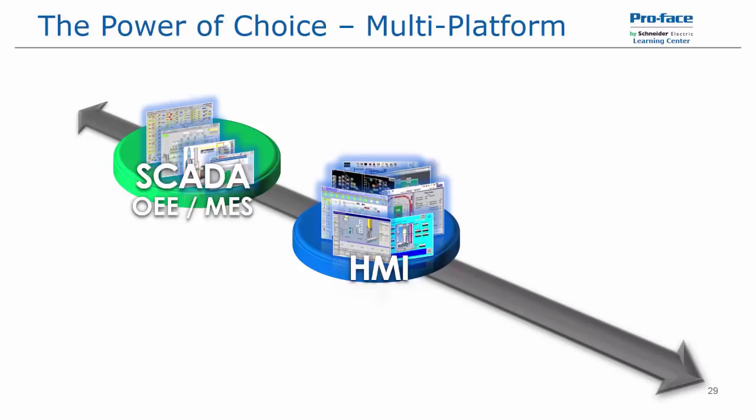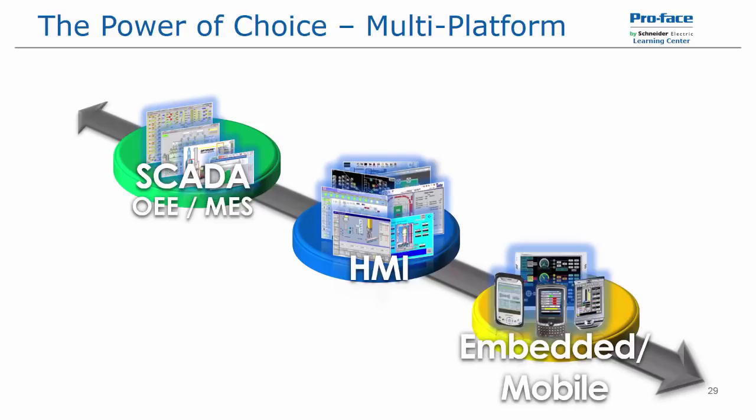On the left, we have the SCADA group, and this is anything from, let's think of something like Kepware or even ProFace's other product, ProServer EX. And on the other end, we have embedded or mobile systems. And this could be anything from an Android or iOS or Apple phone. It could be a web browser, or it could be a remote PC. Blue Open Studio can be used to develop applications across this entire spectrum.